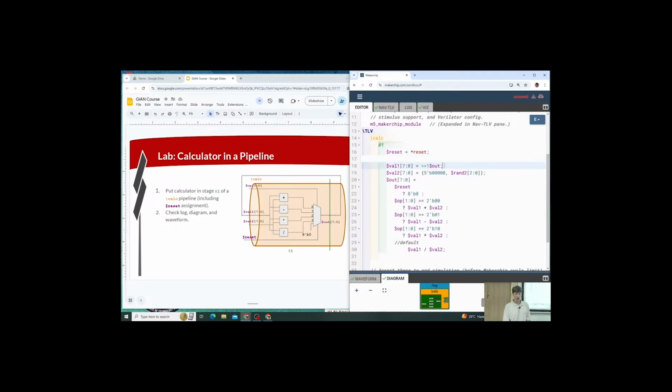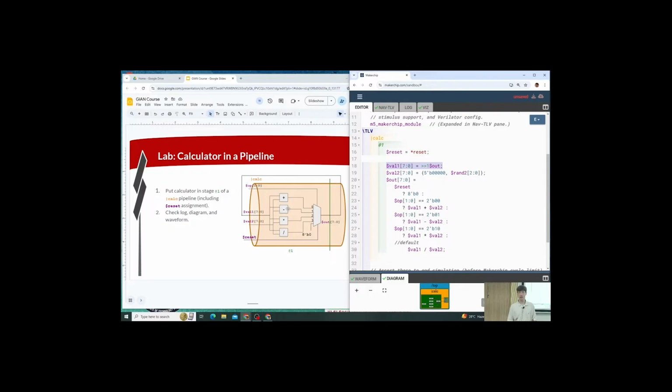It's worth clarifying this expression, which is where the recirculation happens. The output gets recirculated back to the next calculation to go through the pipeline. So all of this logic is for, we can say, one transaction. A transaction enters our calculator.